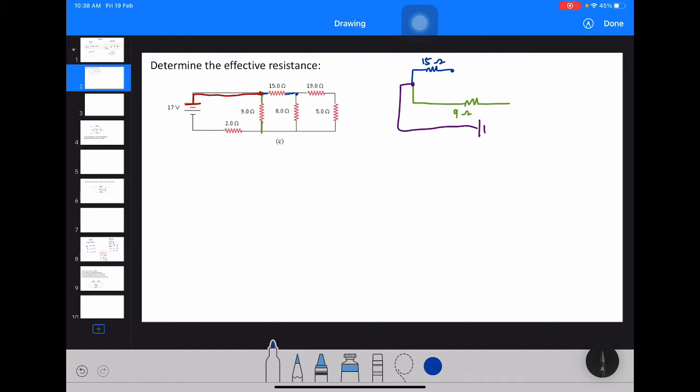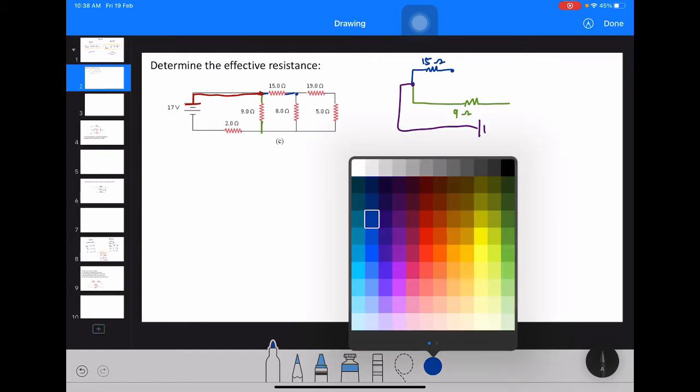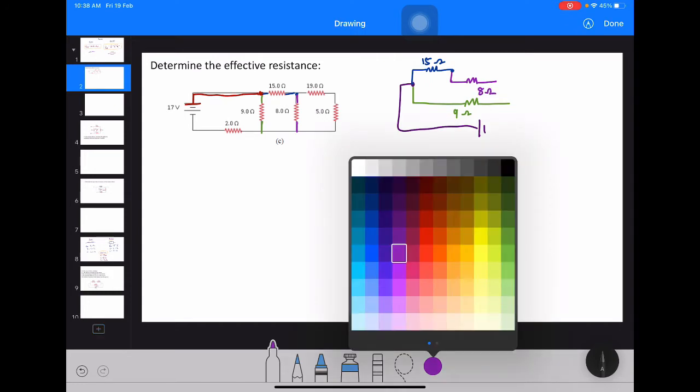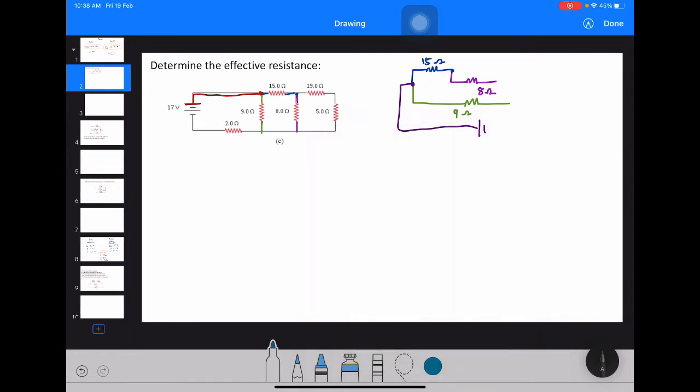Okay, and that junction actually separates into two as well. So one of them goes through the 8 ohm, and the one above there should go through 19 ohm.